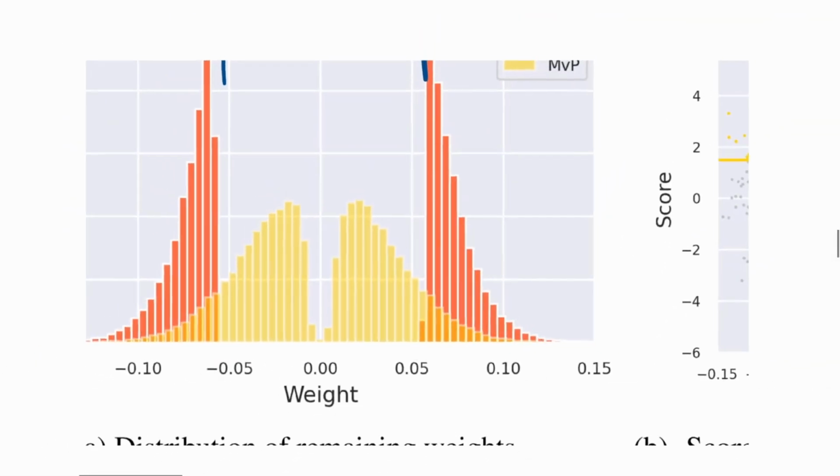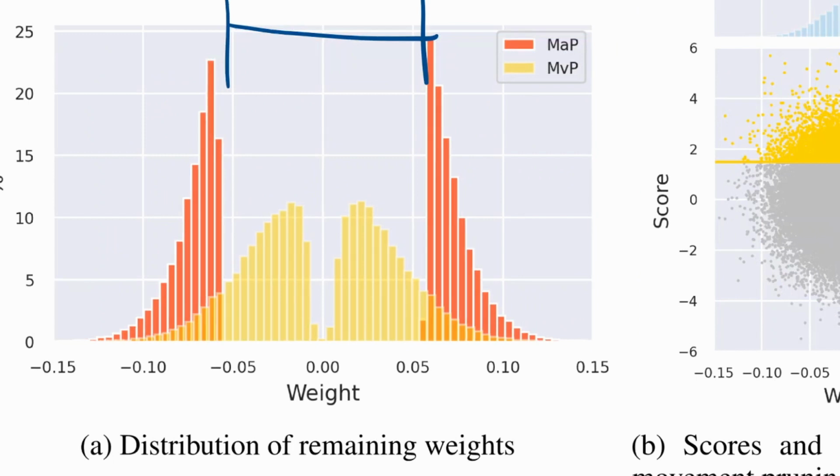As you can see, since the yellow one can outperform the red one, it is almost warranted to say that this magnitude pruning wasn't the best choice. It's actually a better choice to leave some of those weights in and actually cut some of the weights that are large out, just based on their movement.